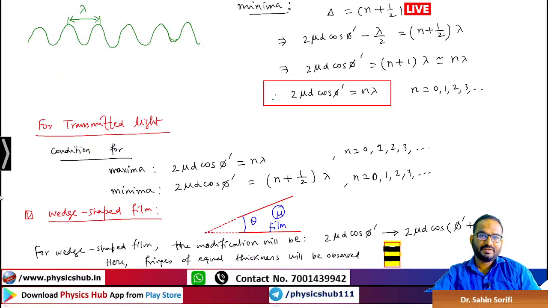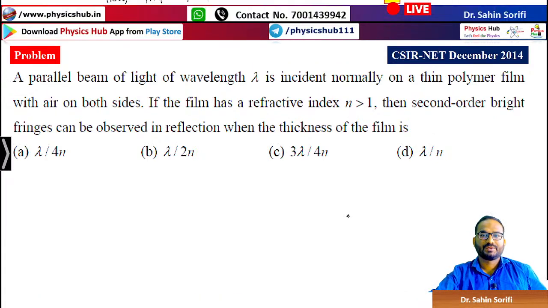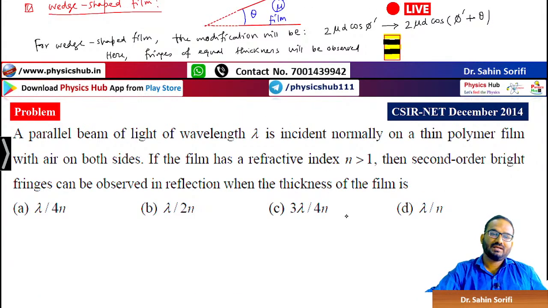Let's do a problem. This problem came in December 2014. A parallel beam of light of wavelength lambda is incident normally on a thin polymer film with air on both sides.